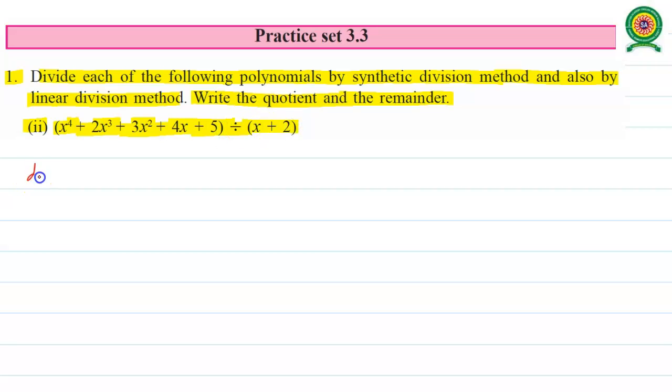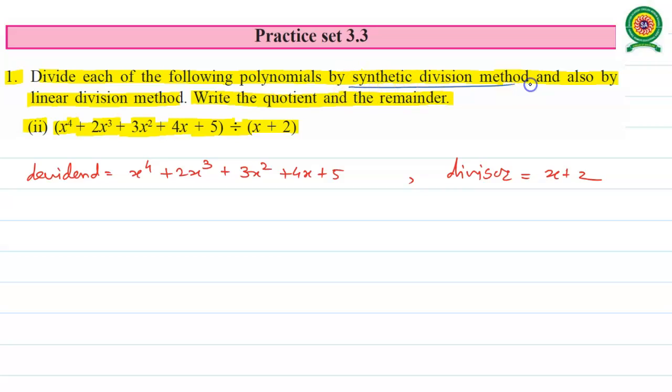So the dividend is x⁴ + 2x³ + 3x² + 4x + 5, and the divisor is x + 2. Now as per the synthetic division method, to find the multiplier, we have to equate our divisor with 0.